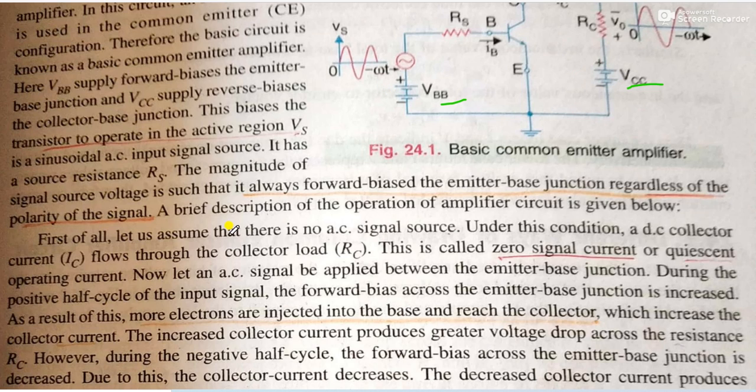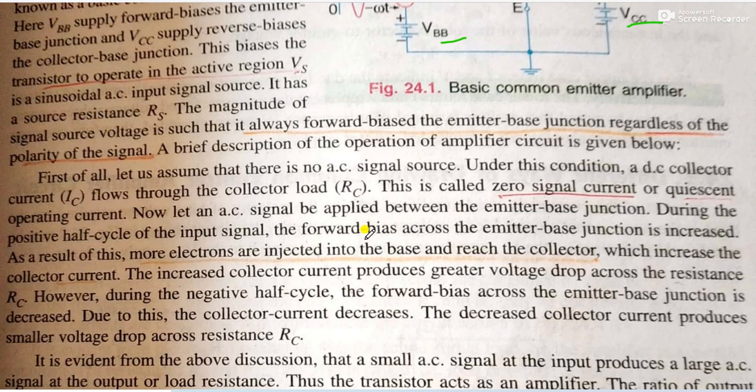Now let's assume some AC signal is applied between the emitter and base junction. Let's apply our AC input signal, which goes from 0 to the maximum, that is, the positive half cycle. What happens during the positive half cycle?